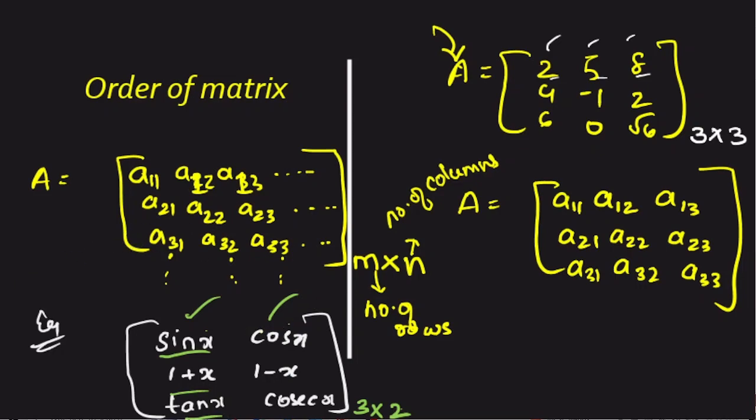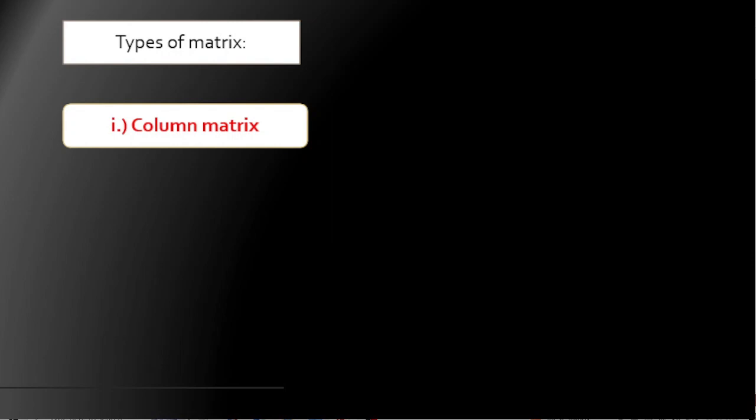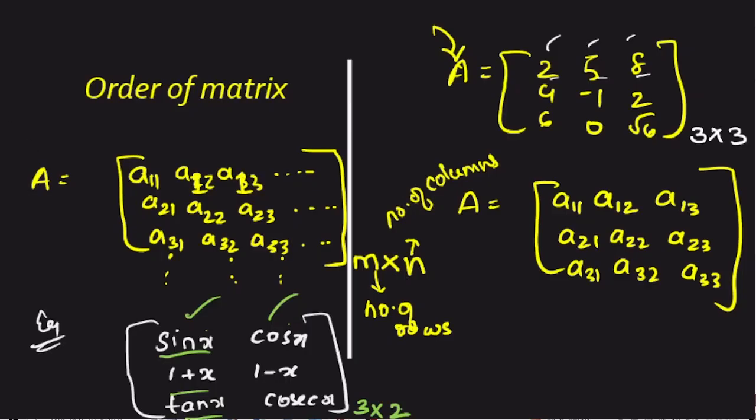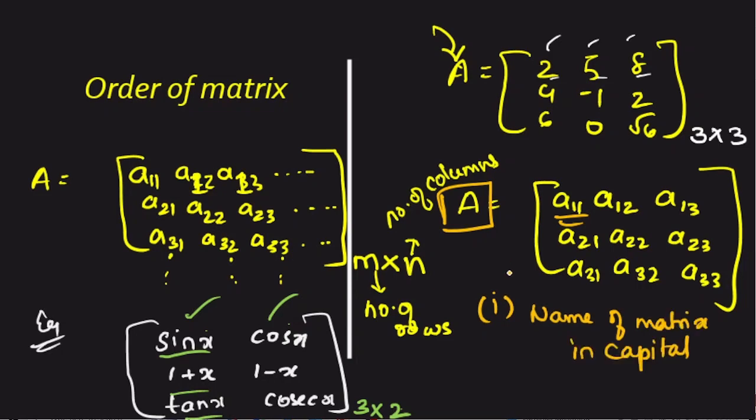So now moving on to the next. Next we are going to look at the types of matrix. Before that, you can observe here that you have the capital A and here you have the small a. So one thing you have to remember: the name of the matrix will always be in capital letter.